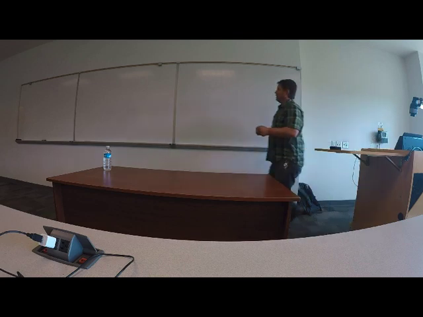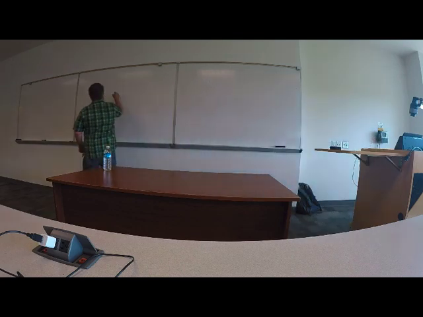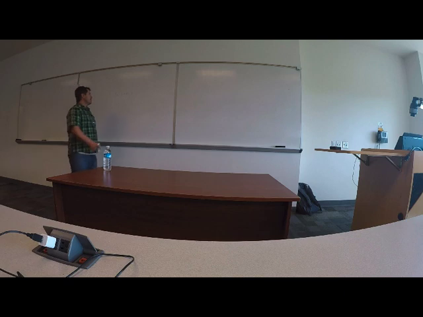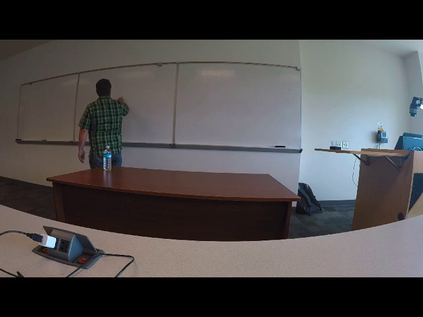So let's do parity. We're going to send the code word 101. And parity is simply the sum modulo 2 or the XOR, however you want to think about it. They're the same thing. So 1 XOR 0 is 1. That XORed with 1 is 0.